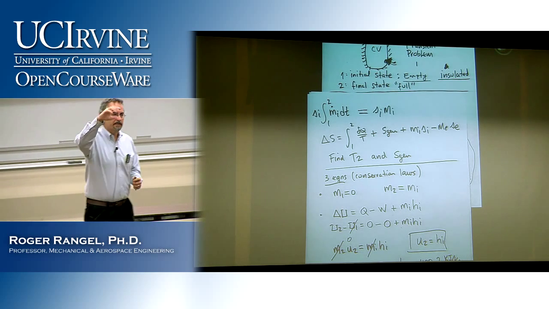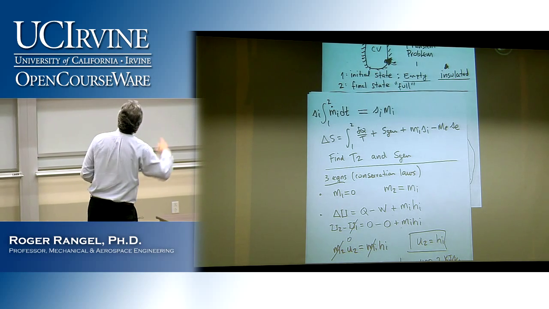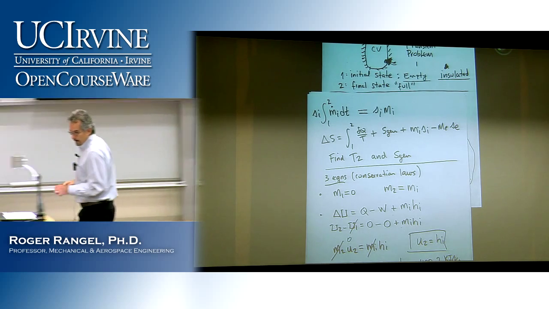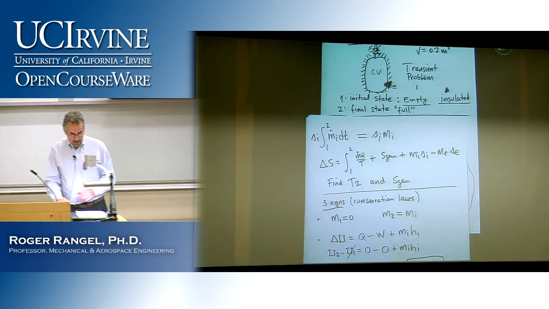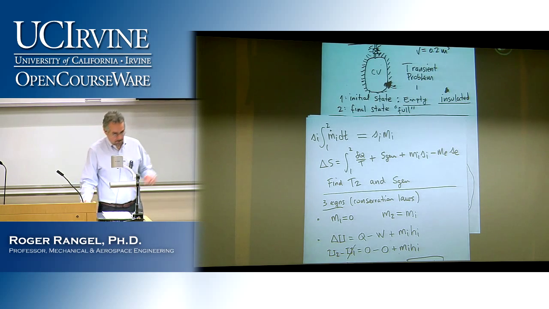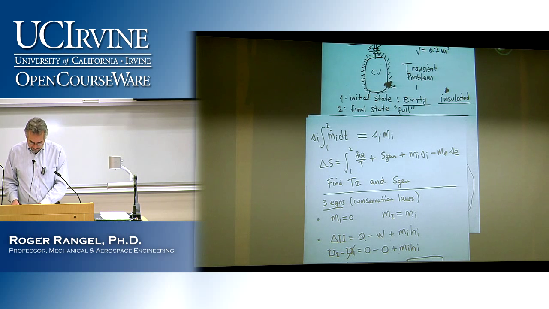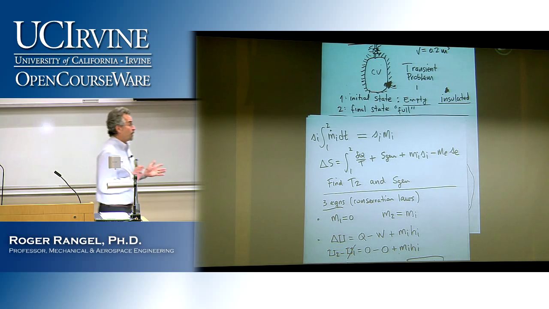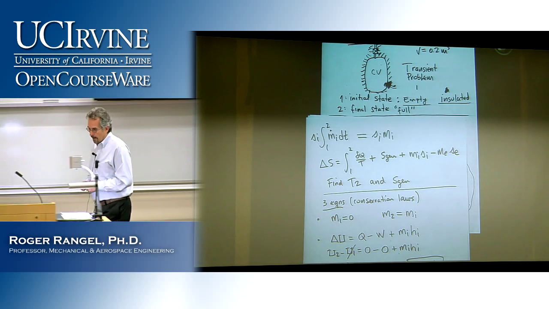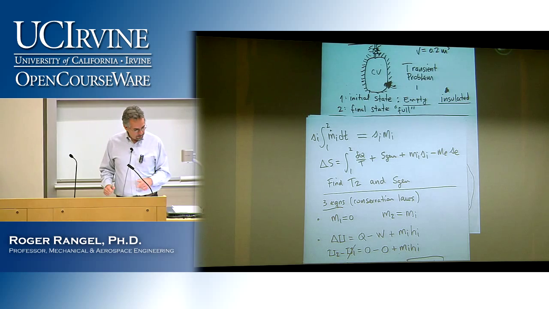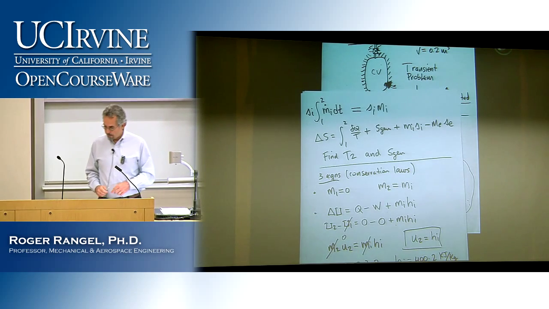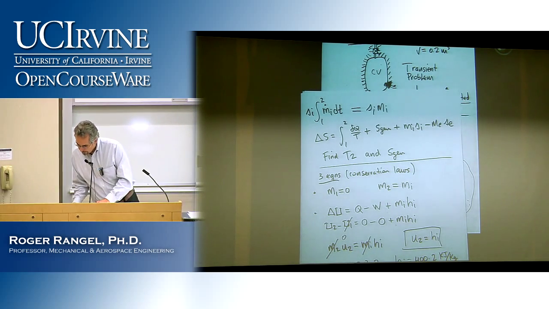Because if I open that valve, there's going to be a flow from the line, which is at 3 megapascals, until the pressure equalizes. Once the pressure equalizes, obviously there's no more that can flow in. So I can go to the same pressure, find the temperature that gives me that u.